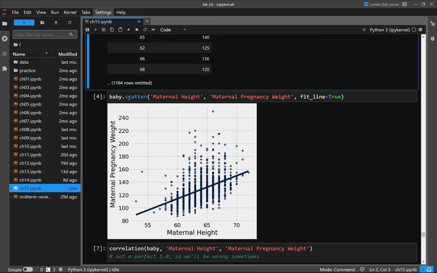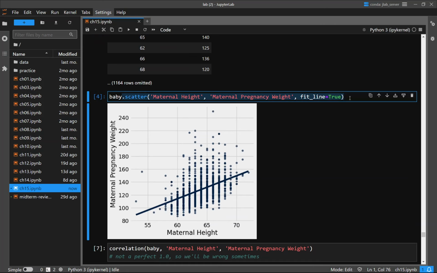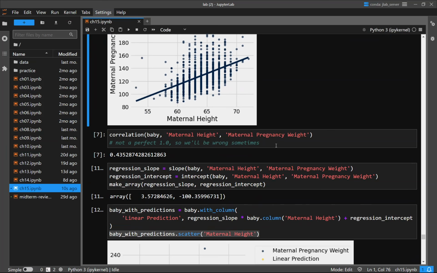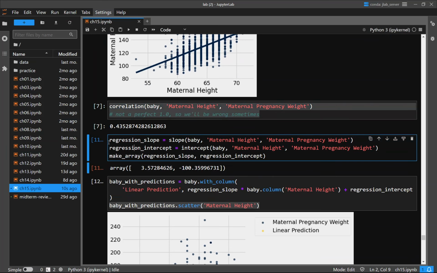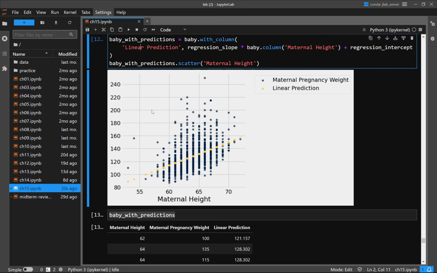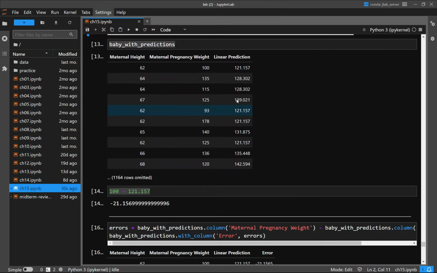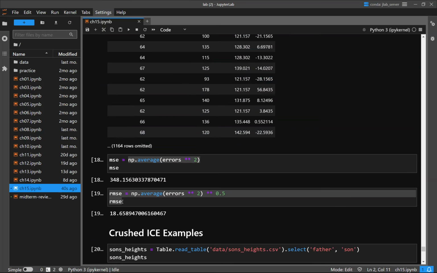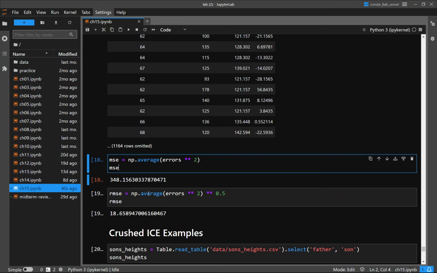Try to do all the same stuff: find the correlation value, get the slope and the intercept for father's height predicting son's height, and then make the regression manually. You get to see our linear prediction next to the actual values as little dots, and then you can attach it to a table and start finding the error values like that. And what I would like is the root mean squared error. So you've got the slides, you've got all this.